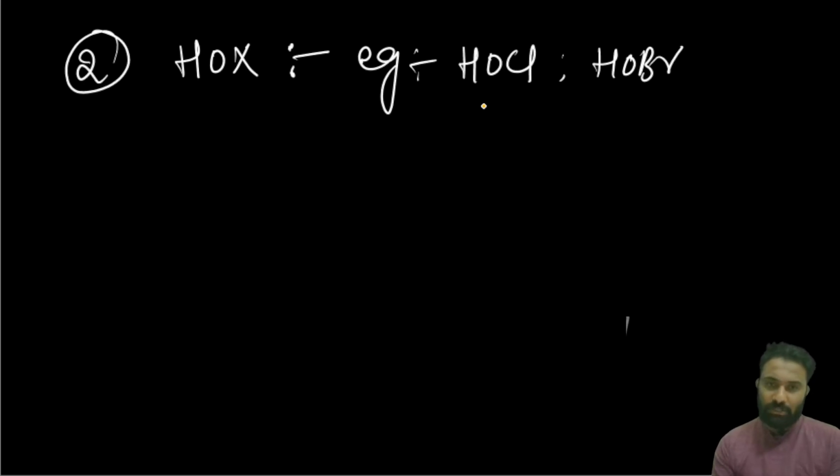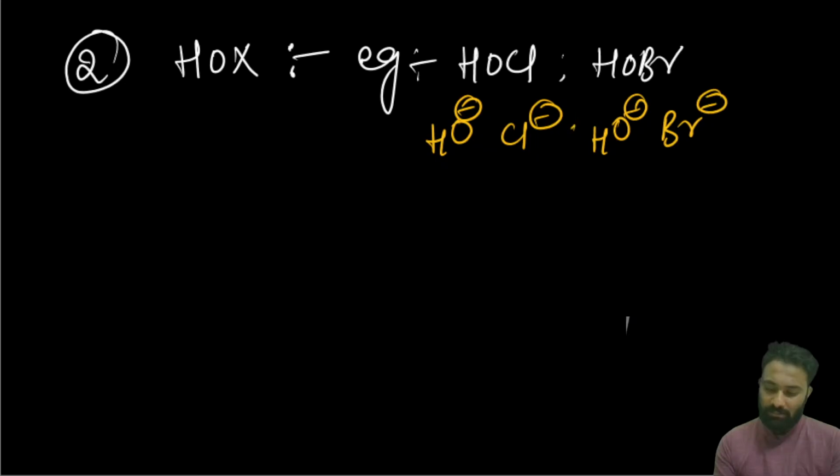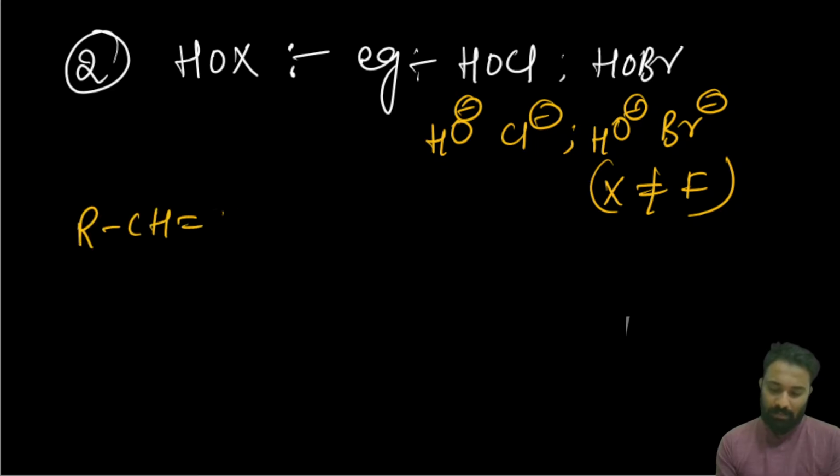Now how will this reagent dissociate? It will dissociate into HO minus and Cl minus, or HO minus and Br minus. Here the X should not be fluorine because fluorine is highly reactive, right?